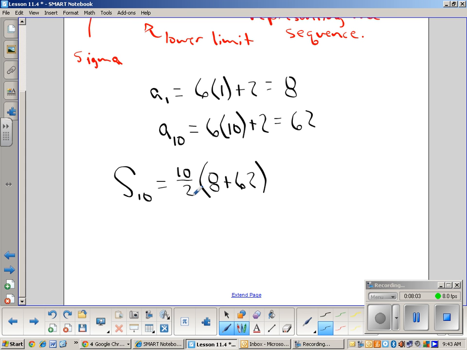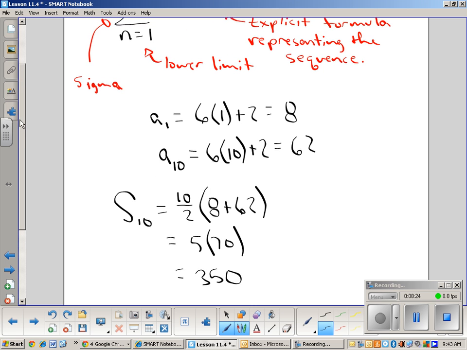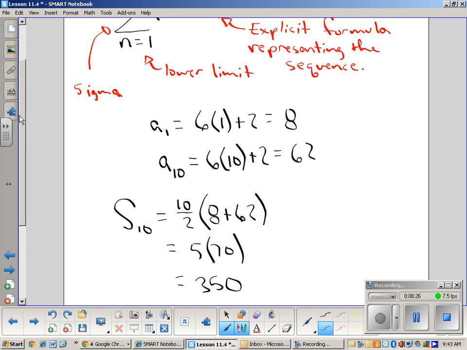And so we get 5 times 70, which is 350. Or I could find all 10 terms, right, Matt? And I could add them all up. You're learning, it's going to probably be easier to use the formula. So there will be advantage in learning the formula.